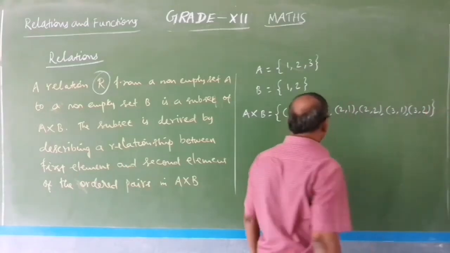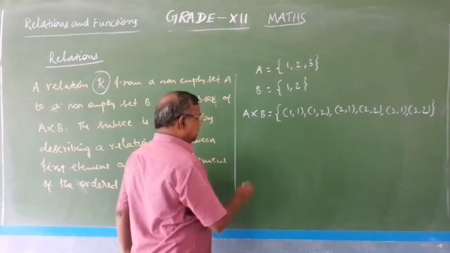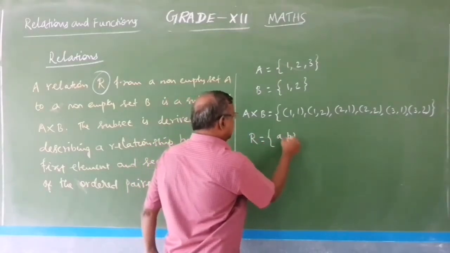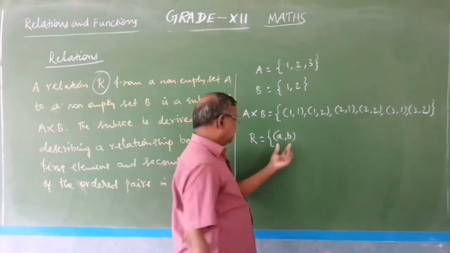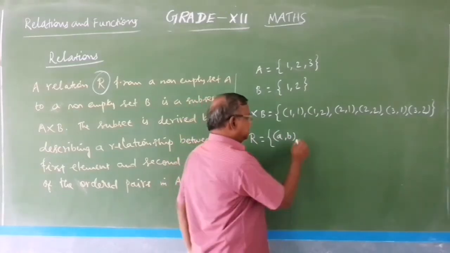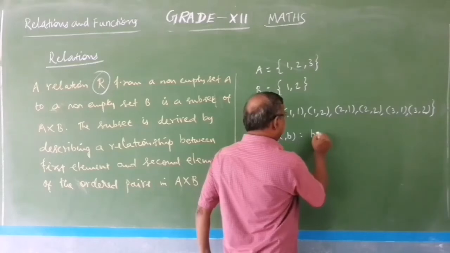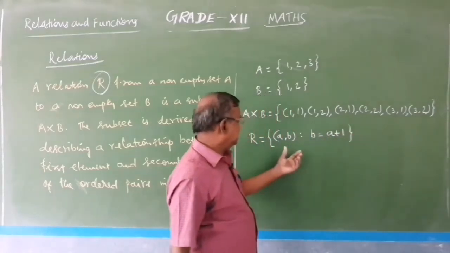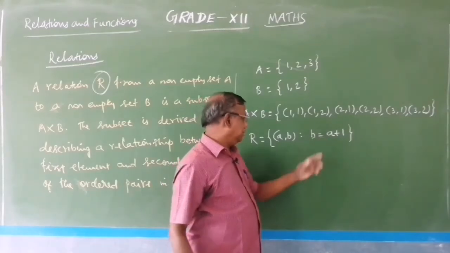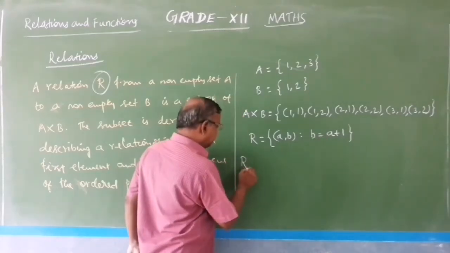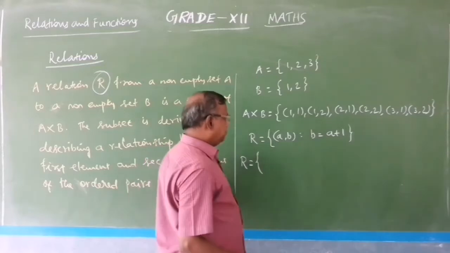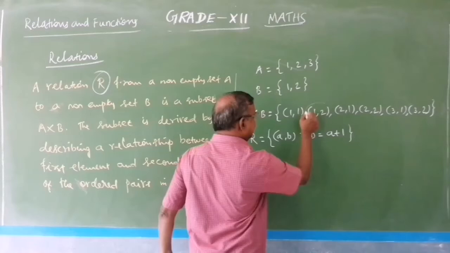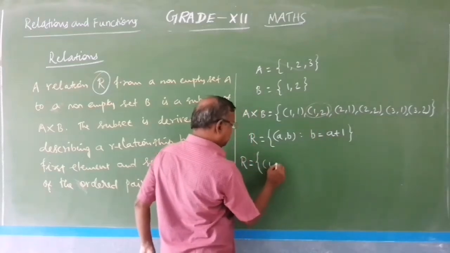Let us describe a relation R such that (a, b) is an ordered pair element satisfying the condition b equal to a plus 1. So let us see how many elements obey this law. If a equal to 1, b equal to 2, so there exists an element (1, 2).